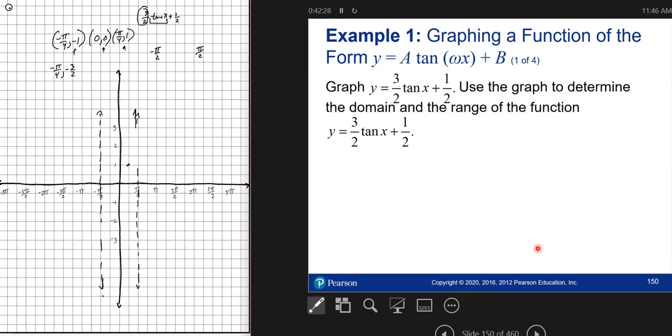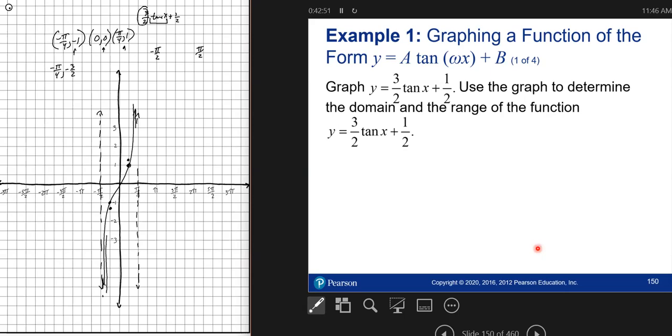So this went down to here, to -3/2, and this one went up to +3/2.